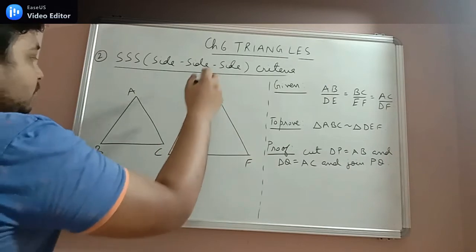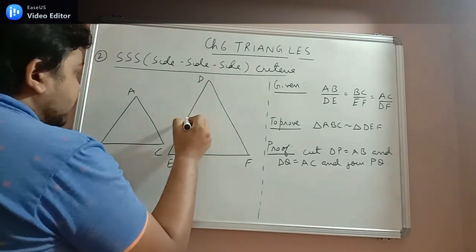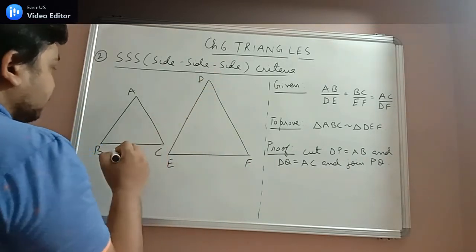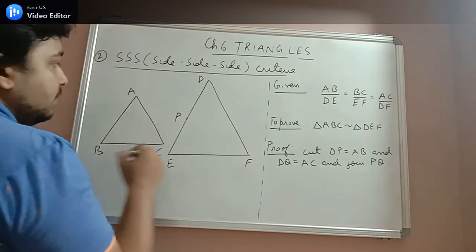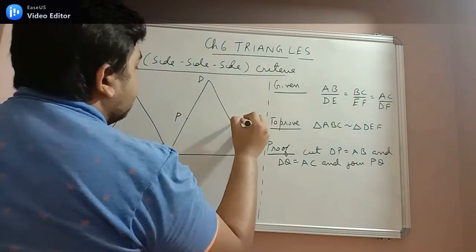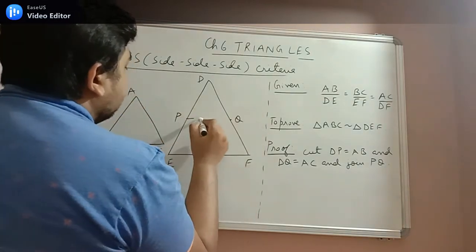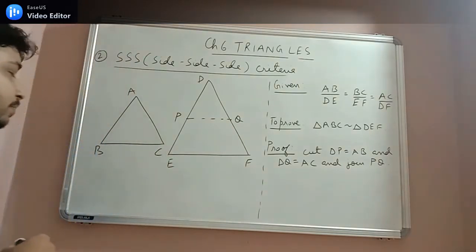So let's cut DP equal to AB and DQ equal to AC and join PQ.